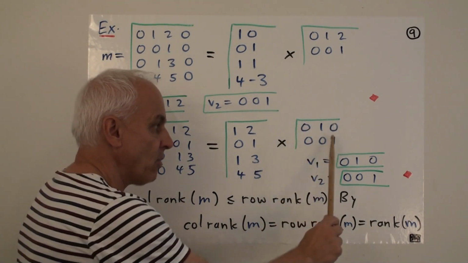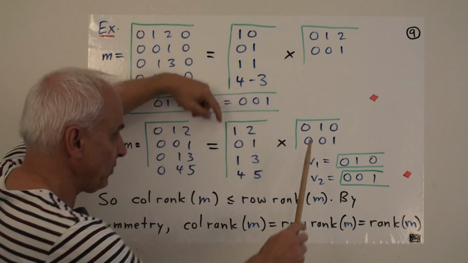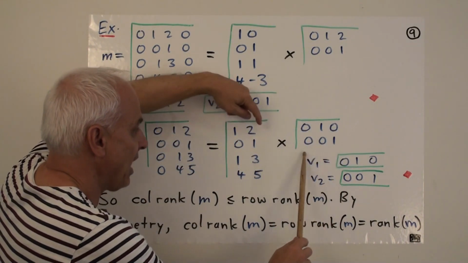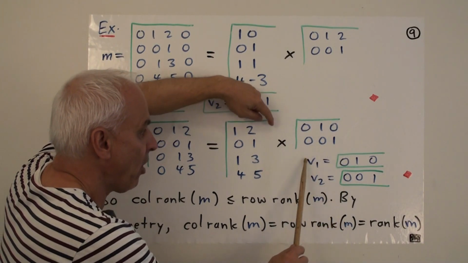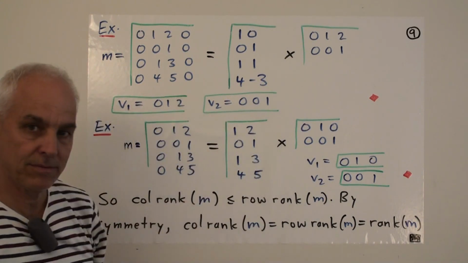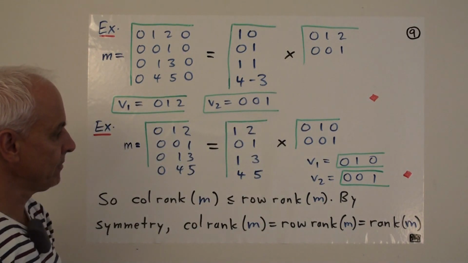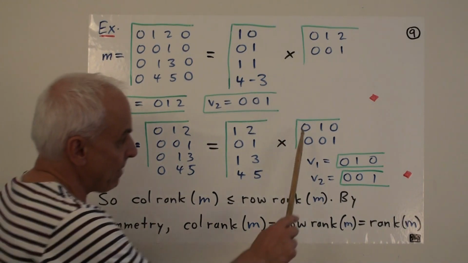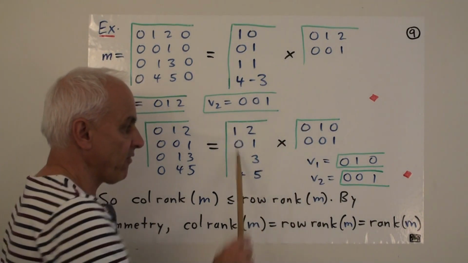If there are k rows here, then there are going to be k columns here, because we need to say how many of the first row we're going to need, how many of the second row we're going to need, how many of the third row we're going to need, all the way down to how many of the kth row that we're going to need for each one of these rows. So the factorization always has the property that the number of rows here equals the number of columns here.